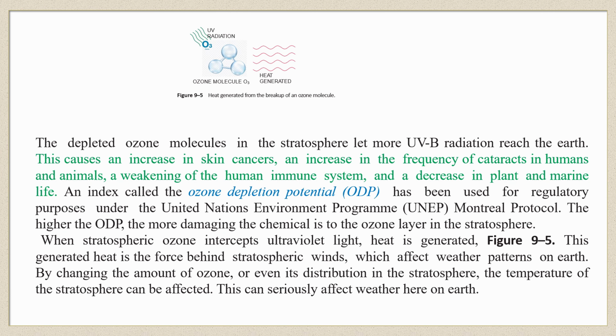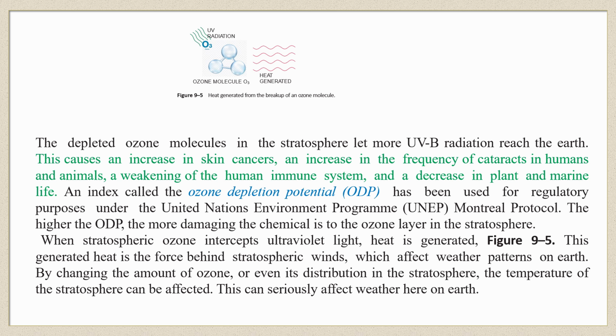The depleted ozone molecules in the stratosphere let more UVB radiation reach the Earth. This causes an increase in skin cancers, an increase in the frequency of cataracts in humans and animals, a weakening of the human immune system, and a decrease in plant and marine life.